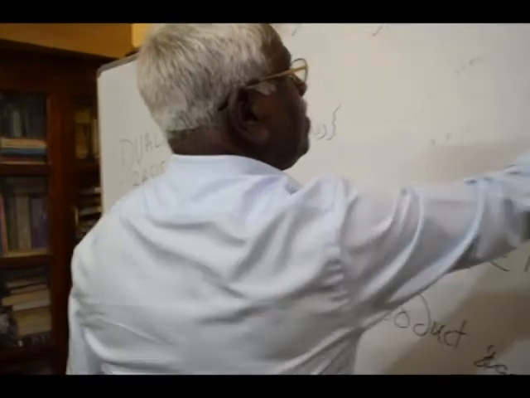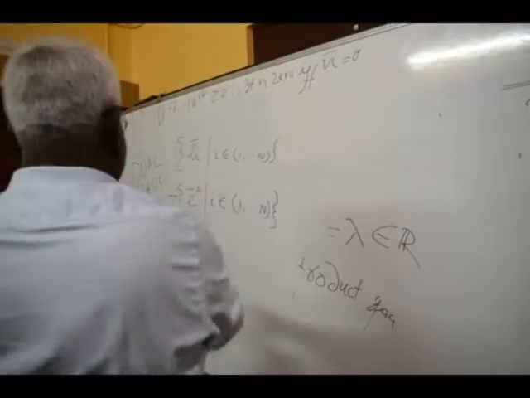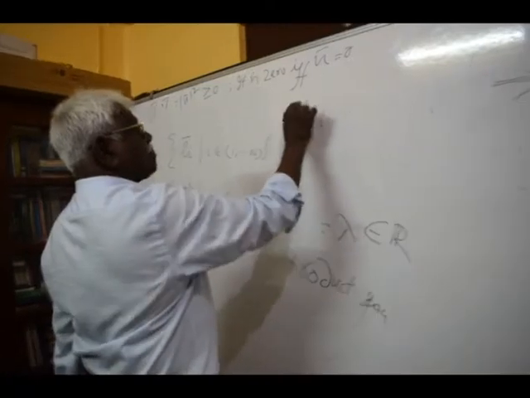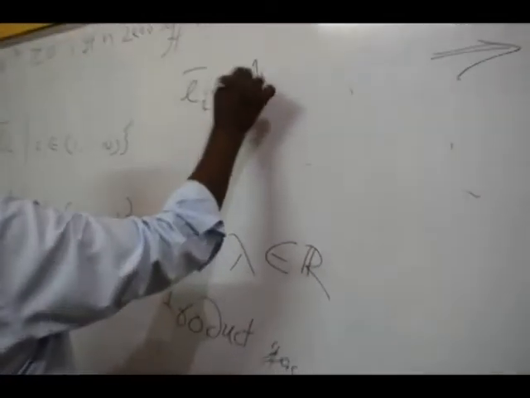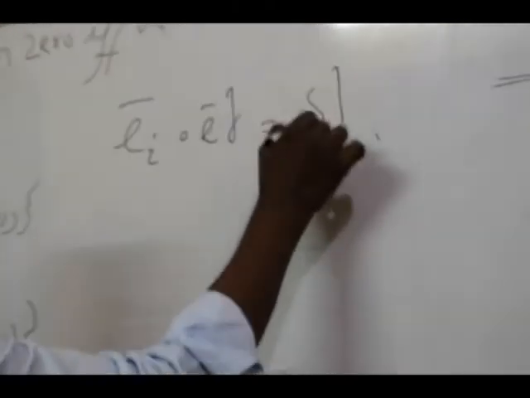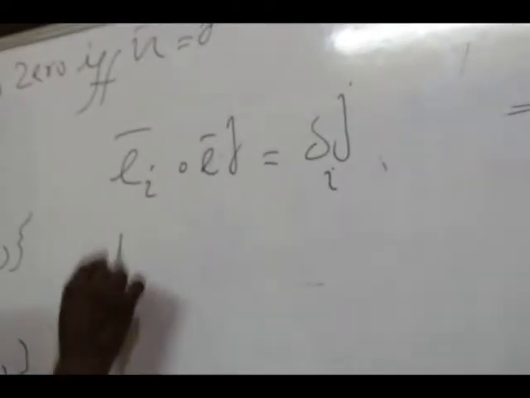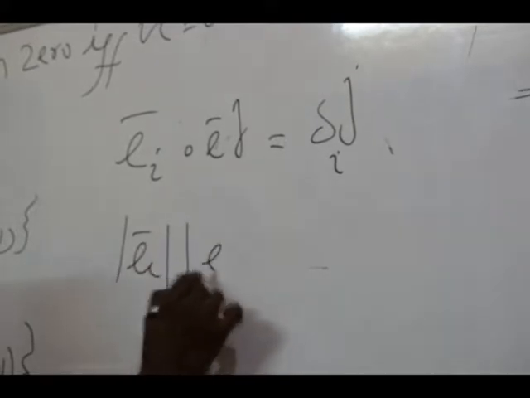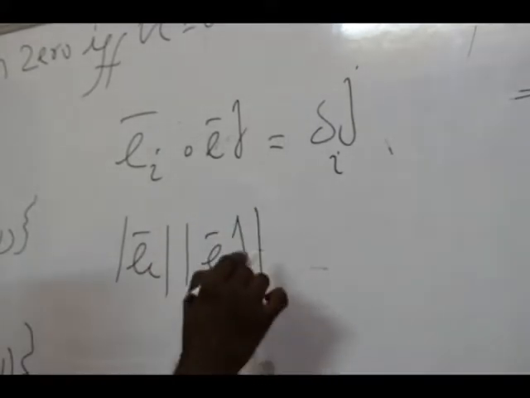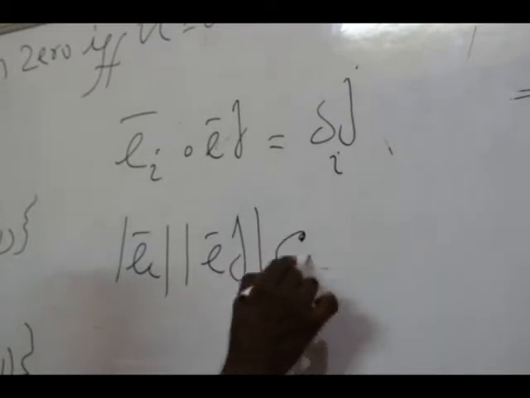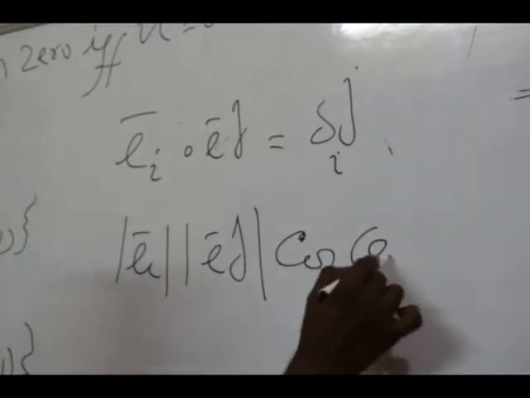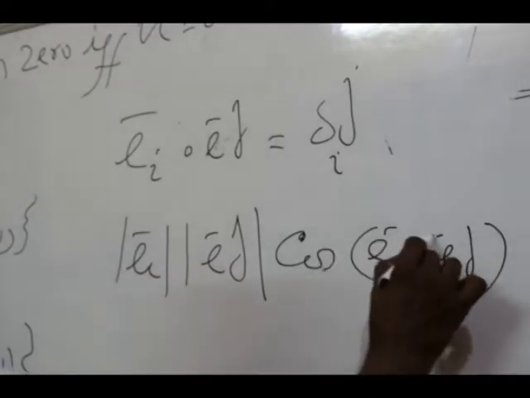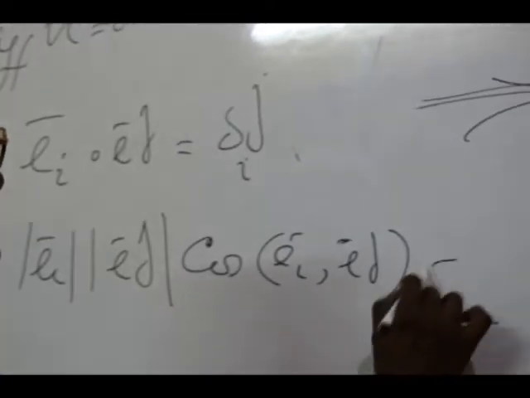So if you take their dot product, EI dot EJ equals delta Ji, which is equal to mod EI into mod EJ into cos of the angle between EI and EJ, that is delta Ji.